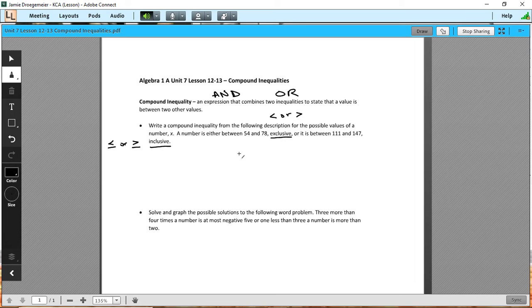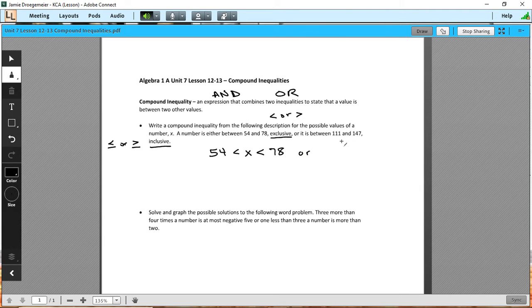So our first inequality is that x is between 54 and 78. This one is exclusive. So x is greater than 54 and it's less than 78.